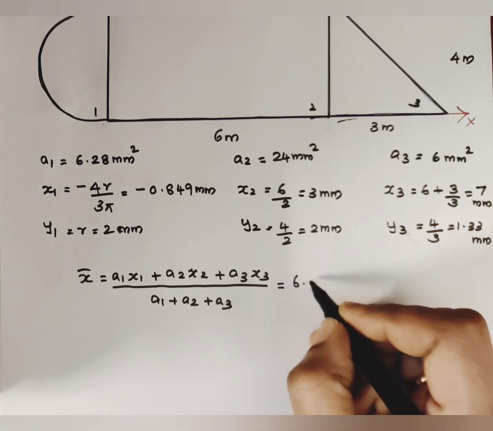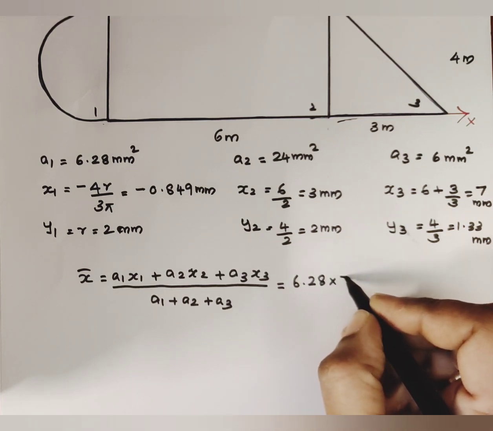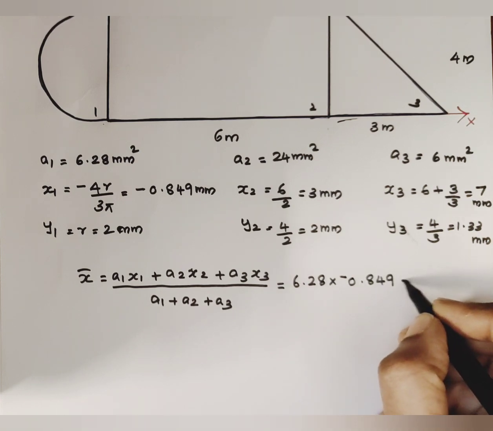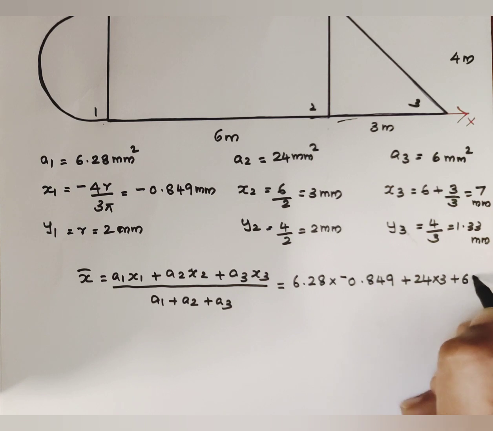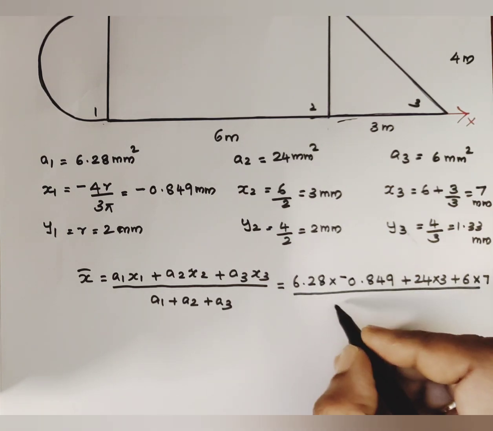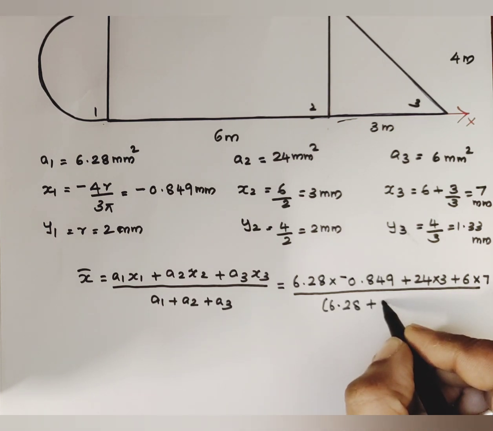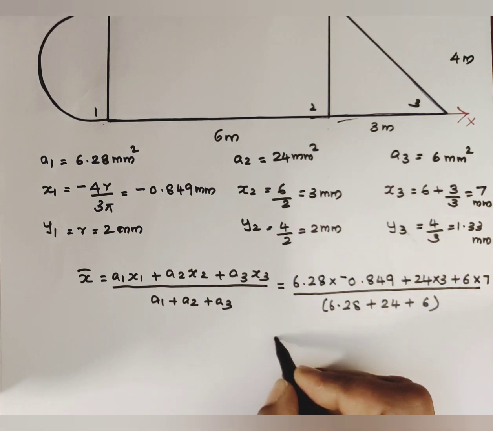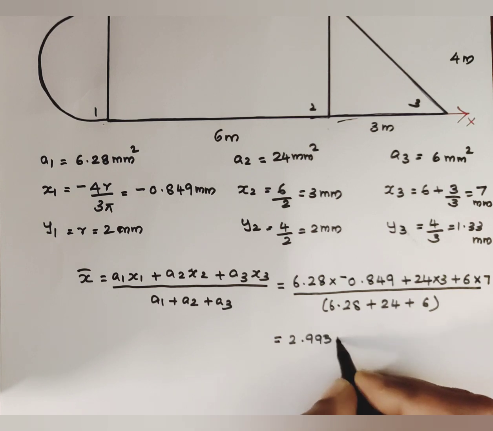So that is equal to 6.28 into minus 0.849 plus 24 into 3 plus 6 into 7, divided by 6.28 plus 24 plus 6. So that is equal to 2.995 millimeter.